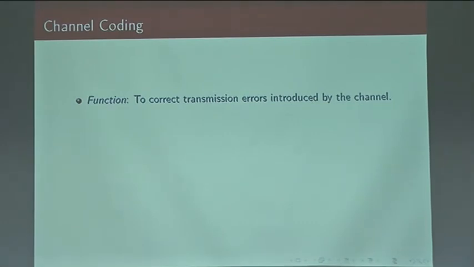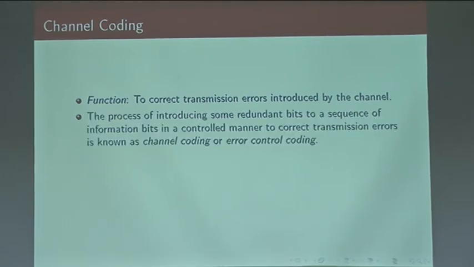Now, our focus is going to be on channel coding to correct transmission errors introduced by the channel, as I mentioned earlier in the little example. So we introduce some redundant bits to the messages, and we do it in a controlled manner. Hopefully we're smart about how we do it.